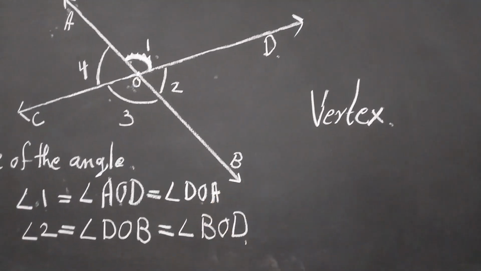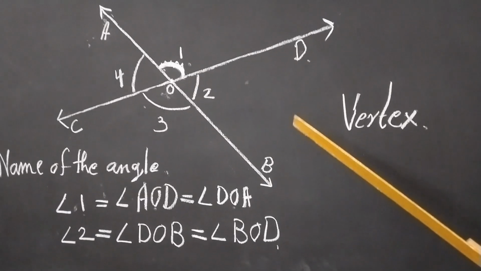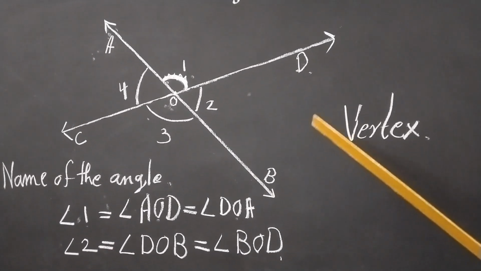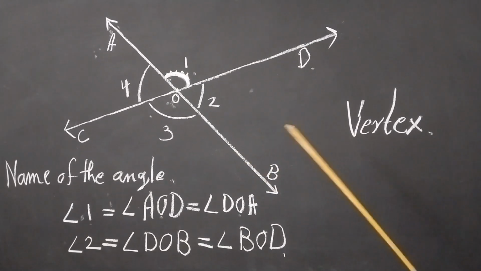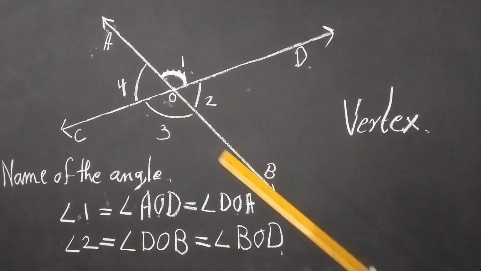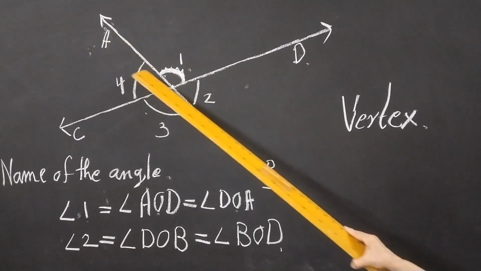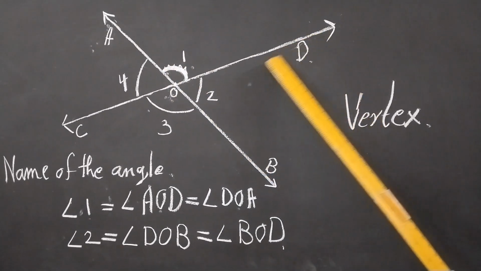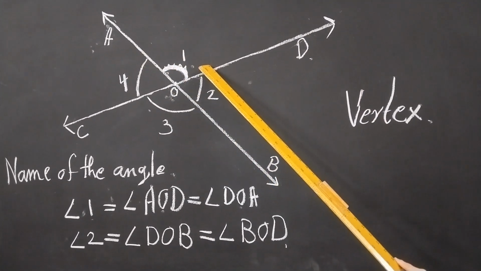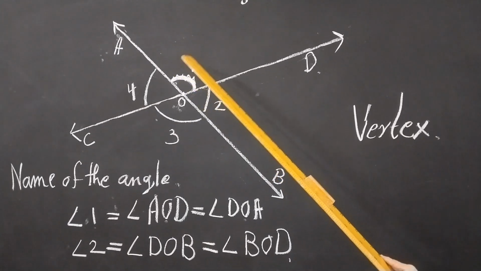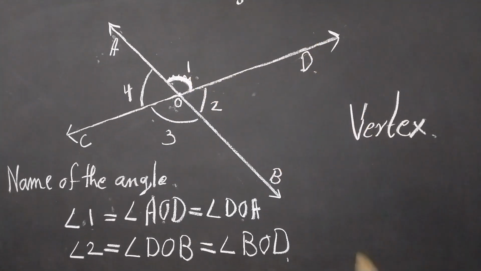Now, anybody, I am going to ask you, name the arms of the angle 1. Arms means these two line segments in between which the angle number 1 happens to come.